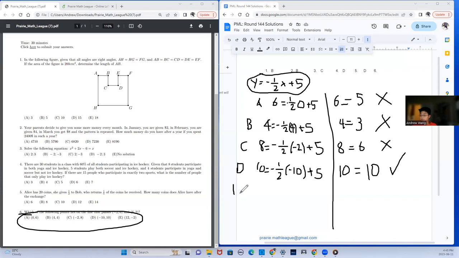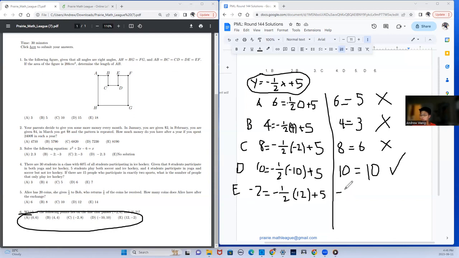But let's see about E perhaps, let's just test all of the coordinates. So -2 equals -1/2 times 12 plus 5.